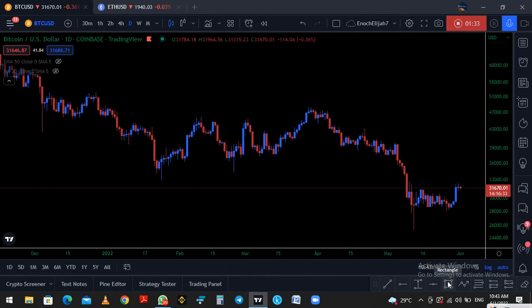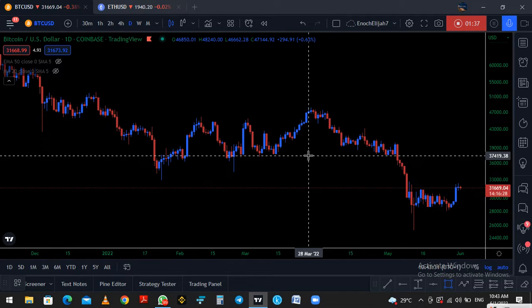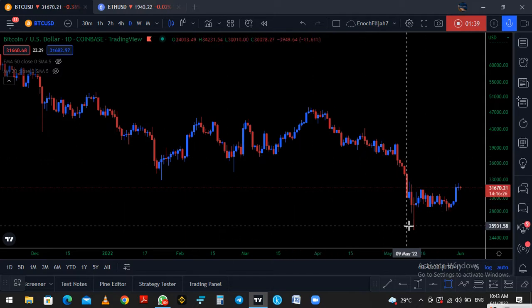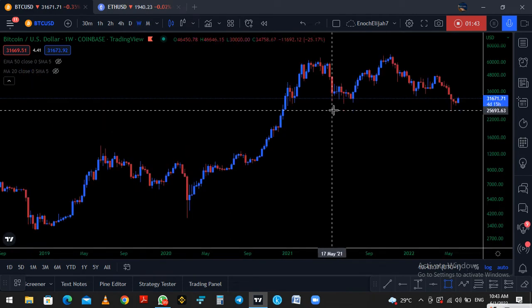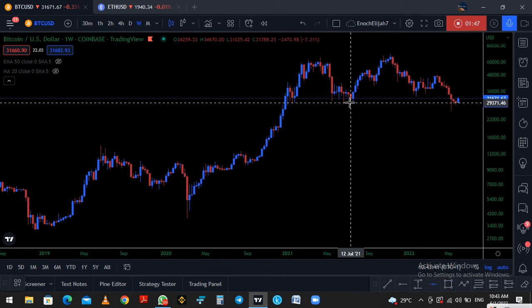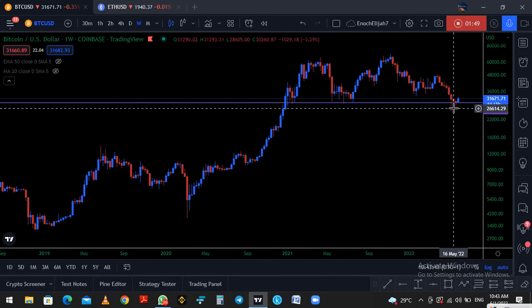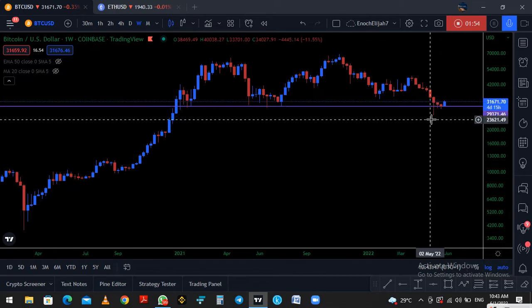For a downtrend market, I could have just looked for short opportunities, but because there's a bounce on a key zone on the weekly time frame, you can see this high level is strong support, and there's strong bullish price action that I'm seeing here.